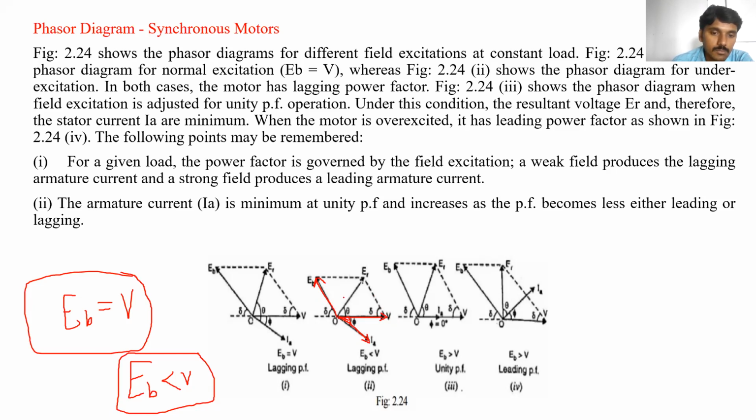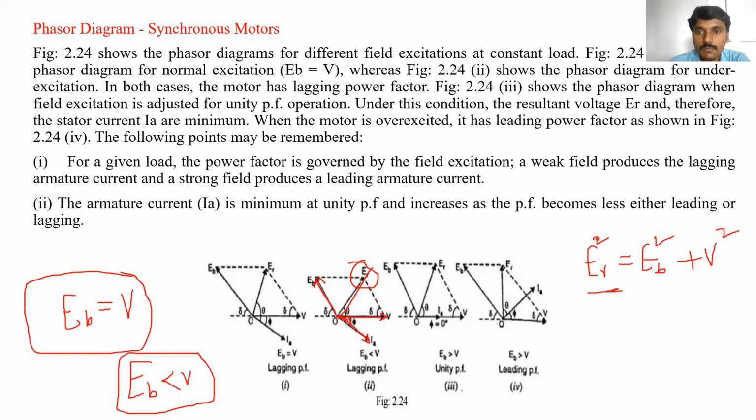Clear? So this is the back EMF, this is the voltage. The resultant voltage comes like this, the phasor sum of EB plus V. So ER square is equal to the phasor sum of EB square plus V square. That is the resultant voltage, represented by ER.